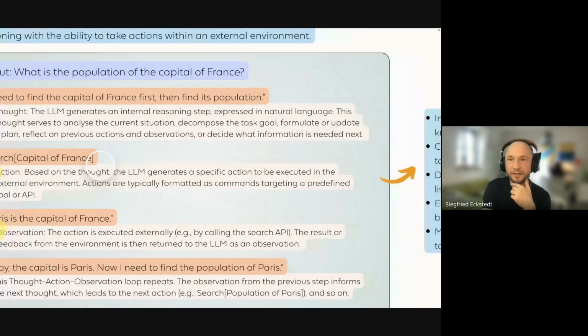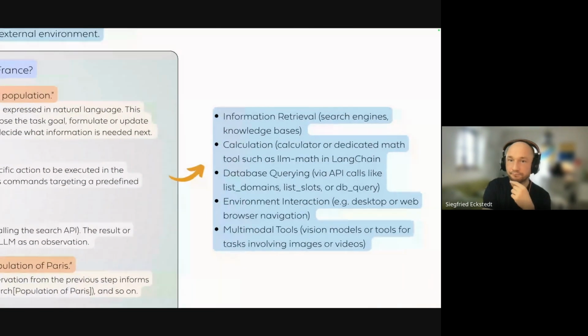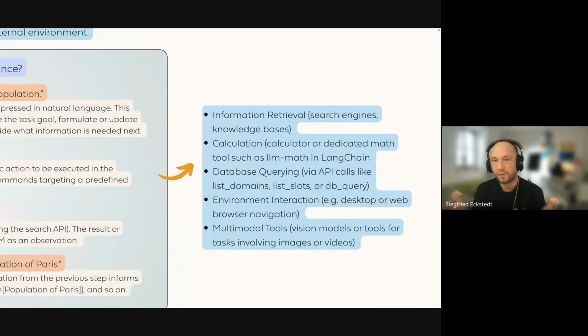This can be linked to multiple functionalities, let's say. It can be information retrieval, it can be some function calling or a tool with calculation, a calculator, let's say.